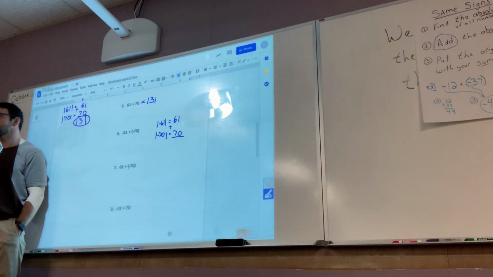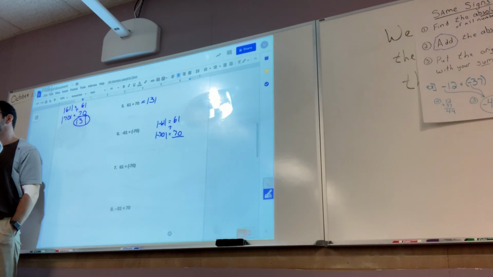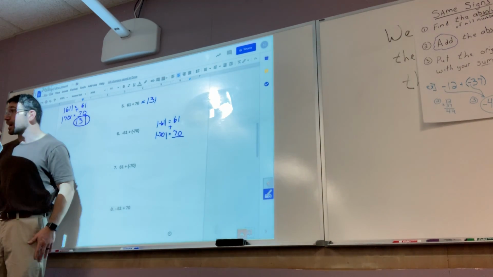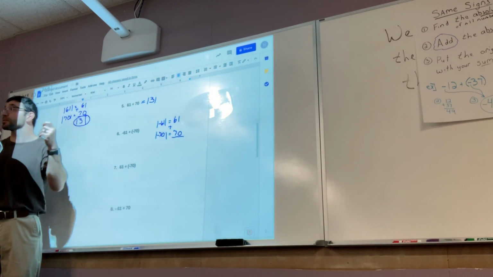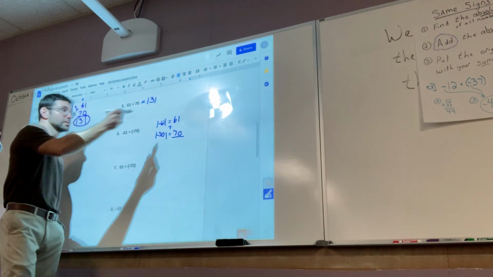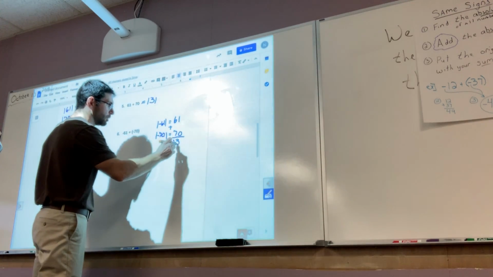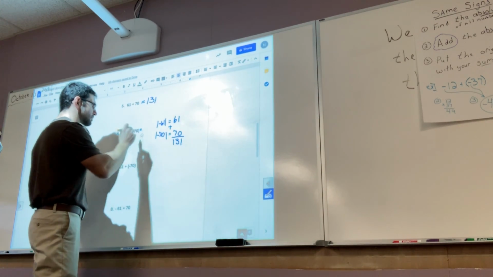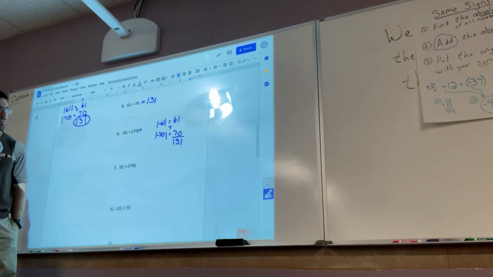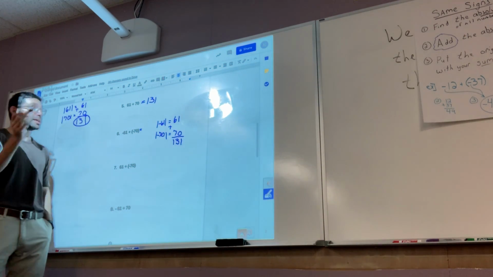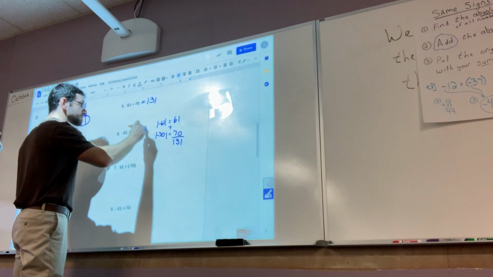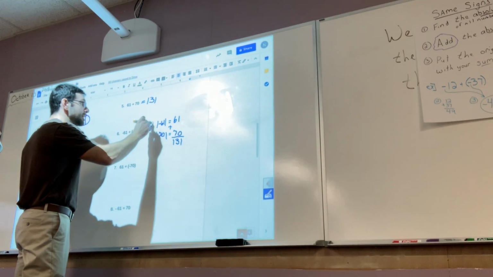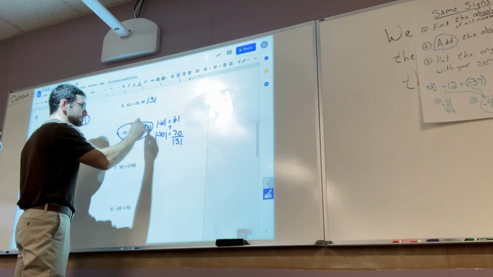Because they have the same sign. Good. These are both negatives, those are both positives. When they have the same sign, we add. It's the same problem, so I get 131. Is my answer 131? No. Why not, Aaron? Because they are both negative. So we keep the sign from both of them, which is negative, and I get negative 131.